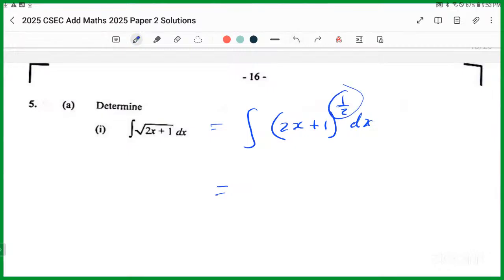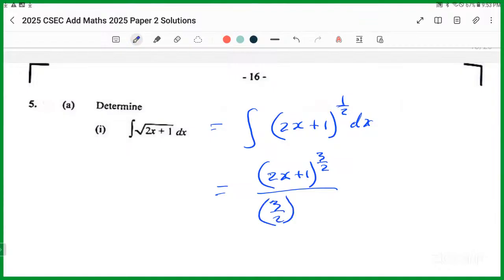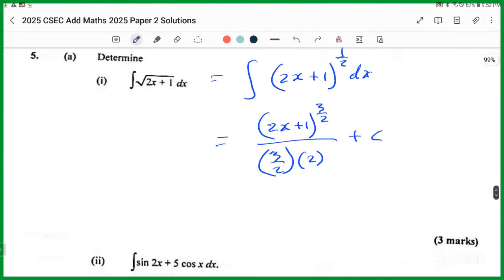You add 1 to this power, get 3 over 2, so it becomes (2x plus 1) to the 3 over 2. You divide by the new power, 3 over 2. You also divide by the differential of what's in the bracket, which is this 2 right here. And don't forget the plus c, but there was no limit in the integral. Then we can reduce this because this 2 cancels this 2.